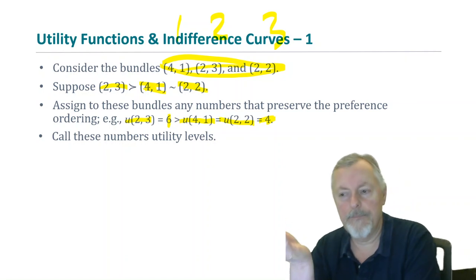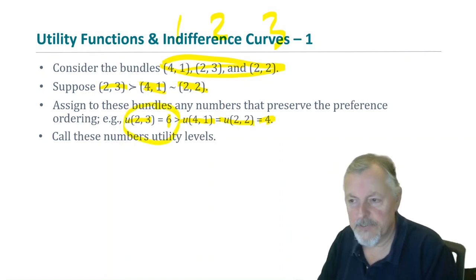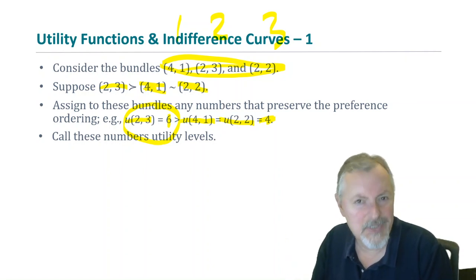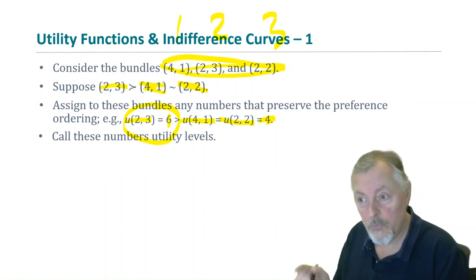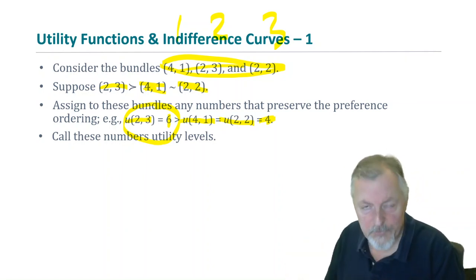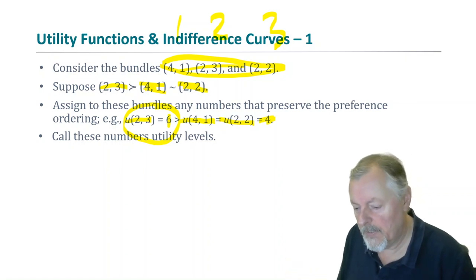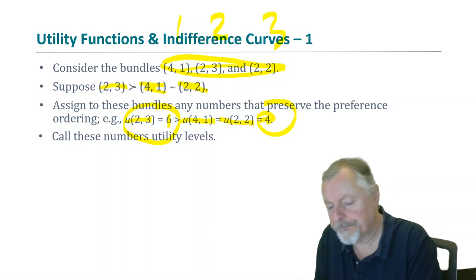Okay. This bundle, because it has, in our numbering system, 6 utility units, means you get more happiness, more utility, loosely speaking, out of that bundle than either of the other 2, because that number is 4.